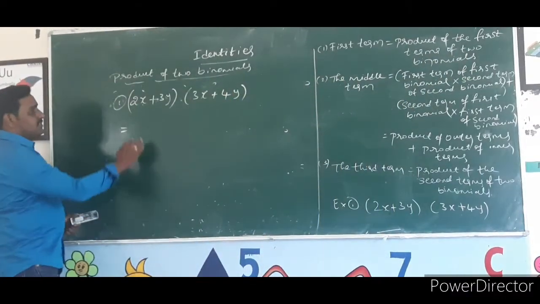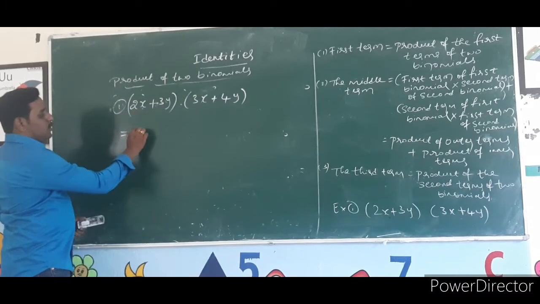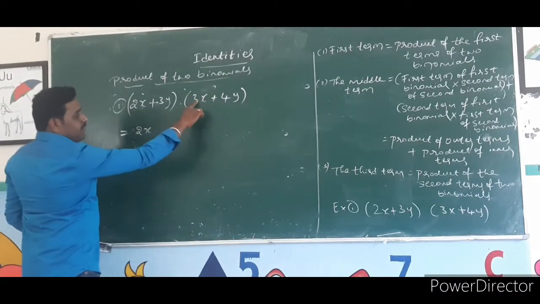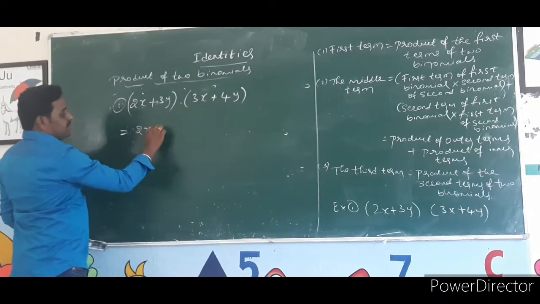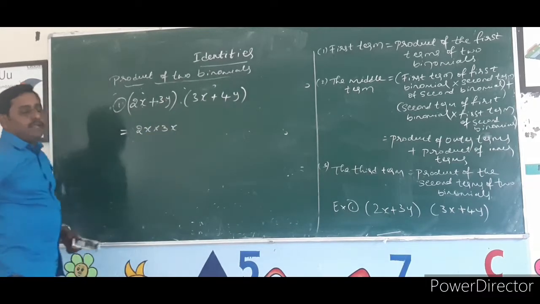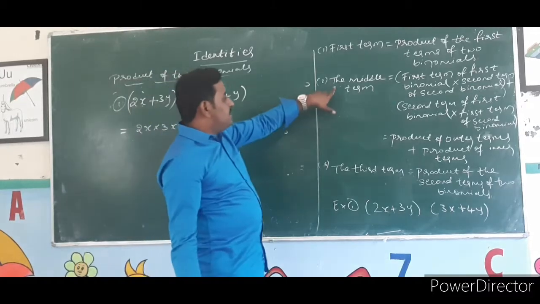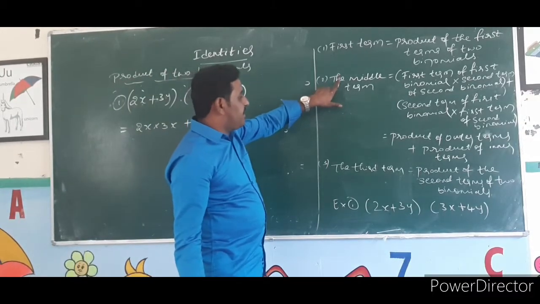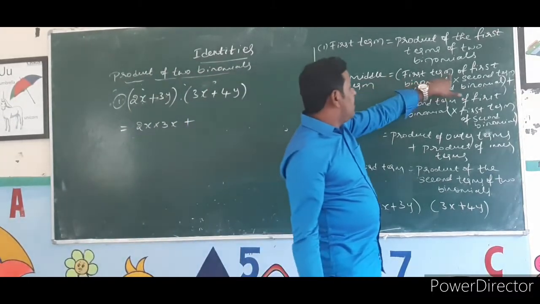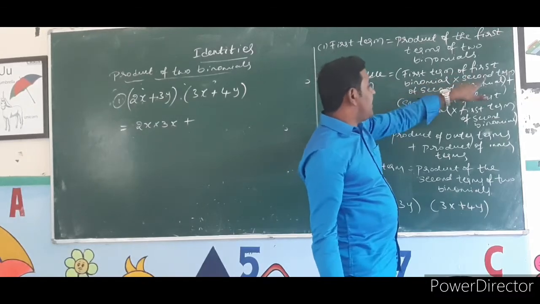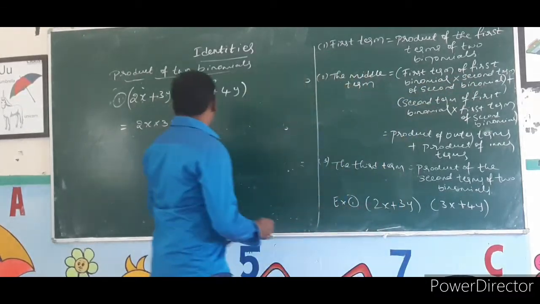So which are the first terms here? 2x. The first term of the second binomial is what? 3x. Okay. Next, plus the middle term. What should it be? It is the first term of the first binomial and the second term of the second binomial.